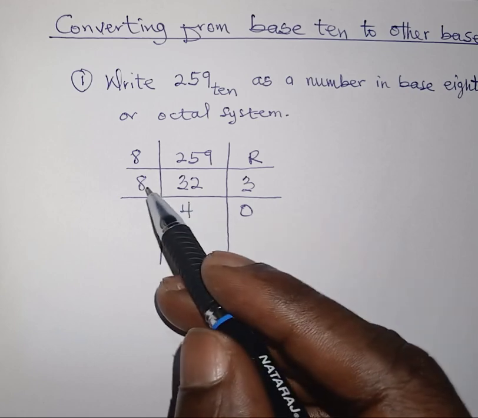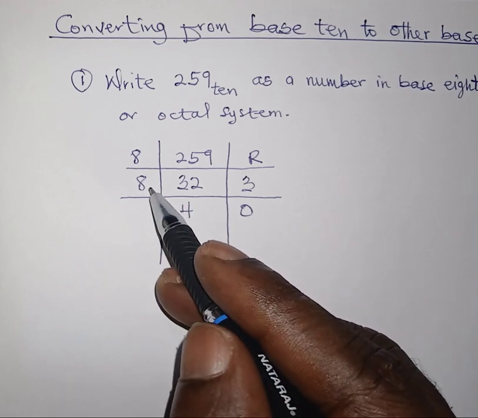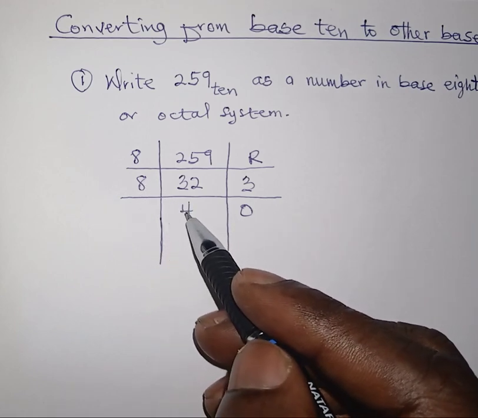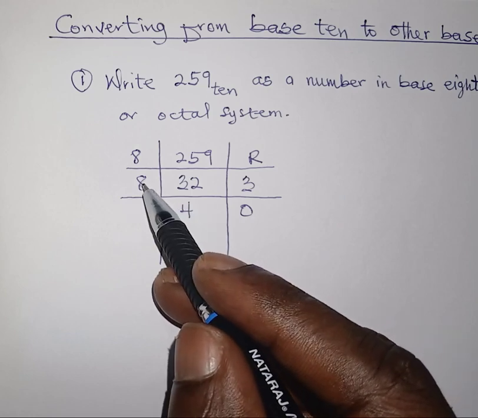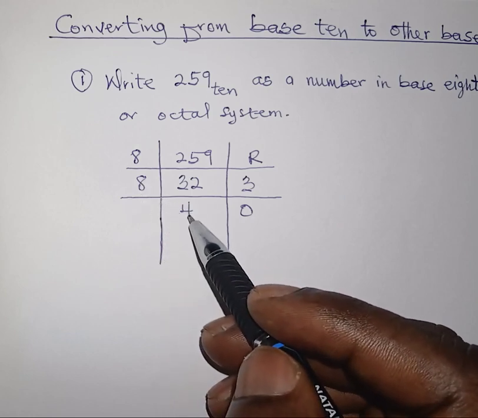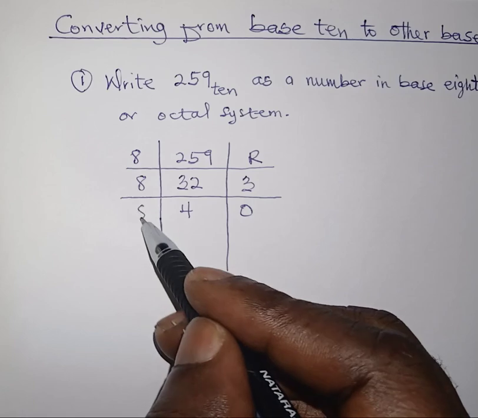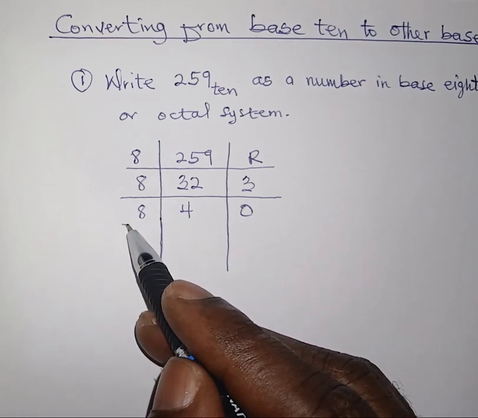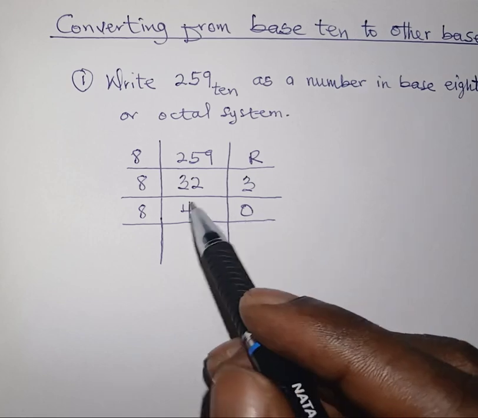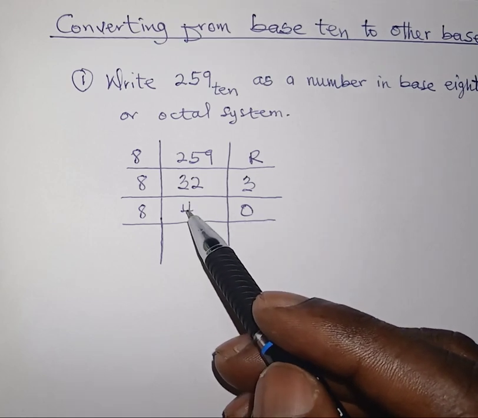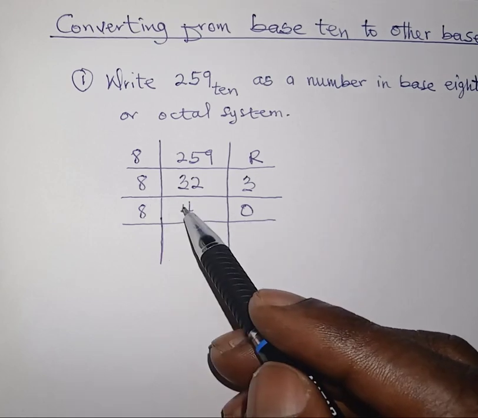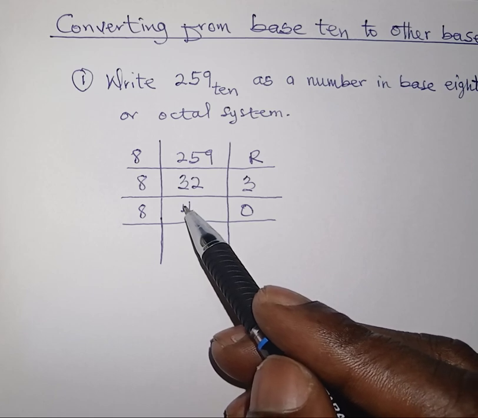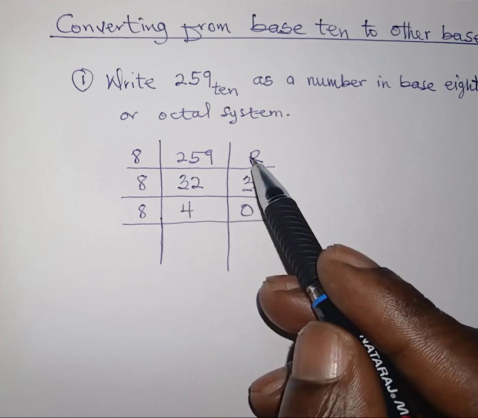Now if 8 is to divide 4, you see that 4 is less than 8. If we divide 4 by 8, we are going to get 0 point a certain figure, which will be a remainder. There are times that when you get here, because the number is less than 8, you can end it there and start writing your numbers from 4 upwards.